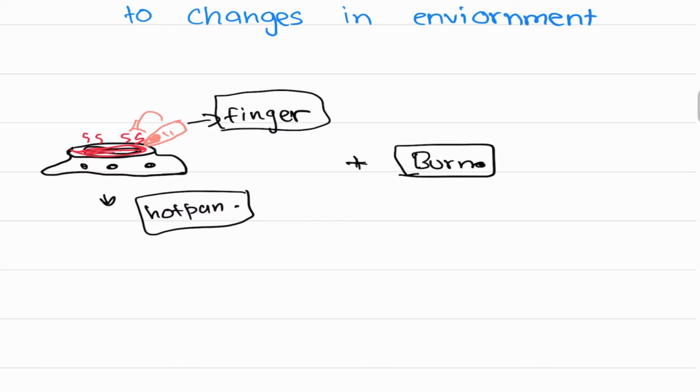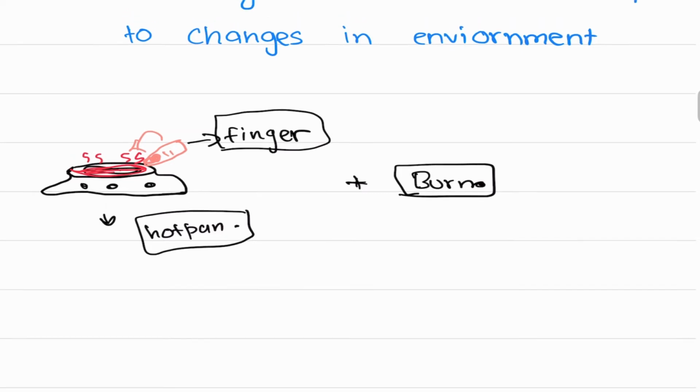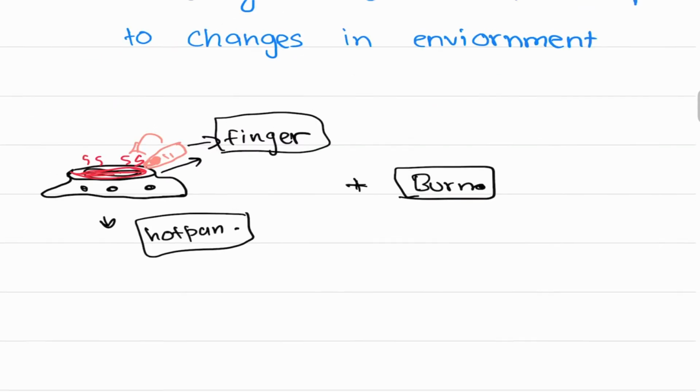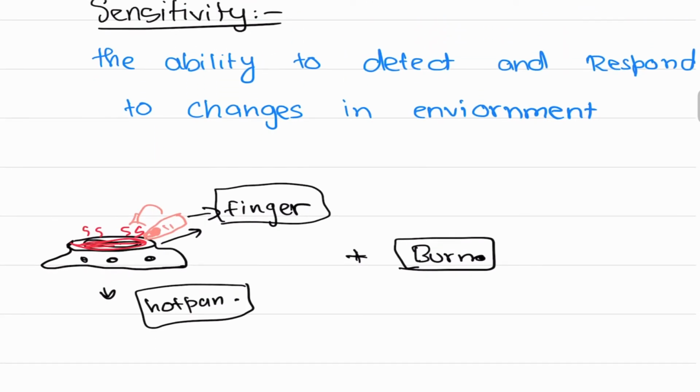Actually, when I put my finger on the pan, messages are sent by the nerves to our brain, and at that time we get to know that our finger is getting burnt, so automatically within seconds we remove our finger. You can imagine how in a few seconds the messages go to our brain. So this is known as sensitivity, to detect and respond to changes in the environment.